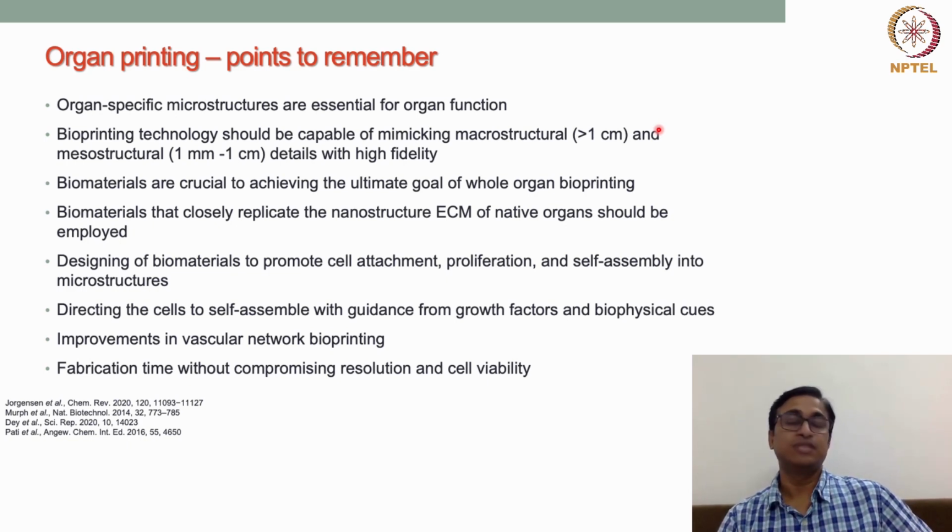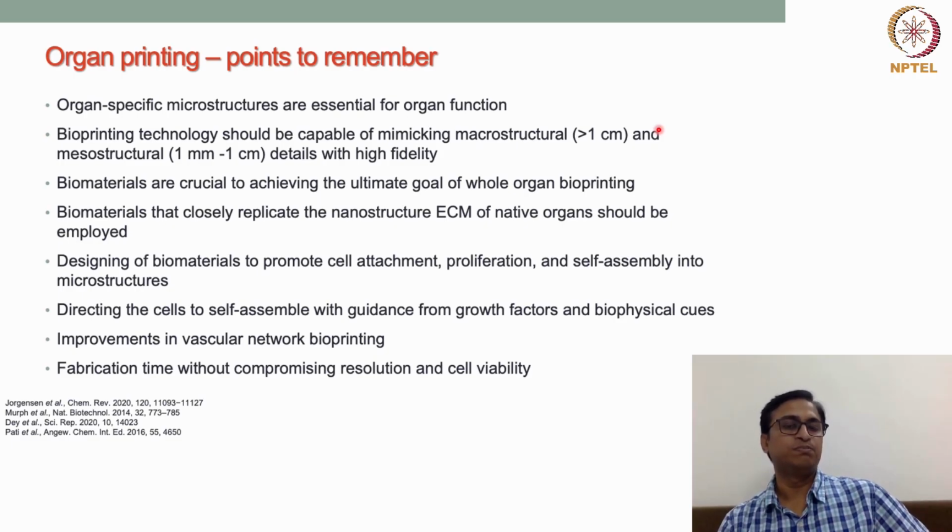to sustain tissue function, cell viability and tissue function. Without that, the cells will not be viable in a bioprinted construct. So we need to design a vascular network and bioprint it.